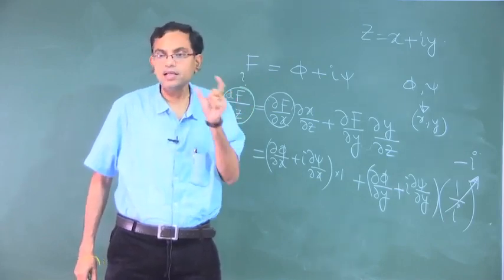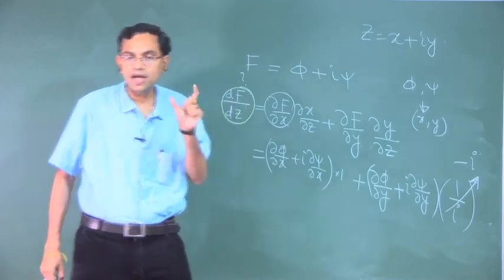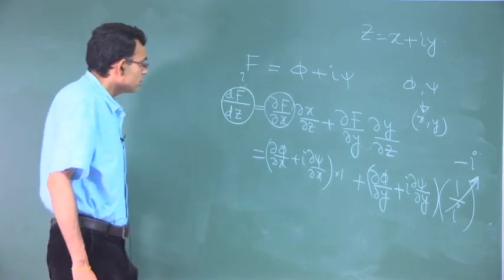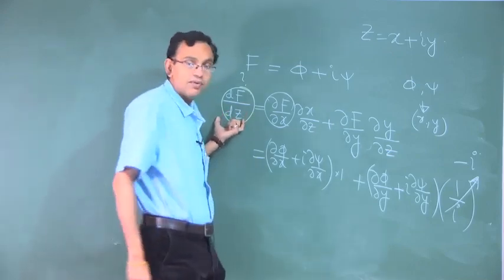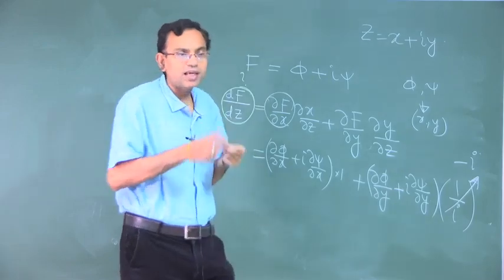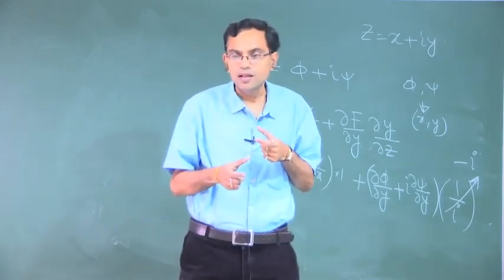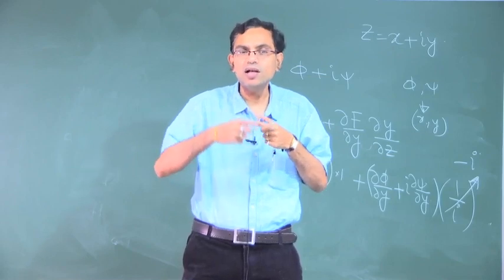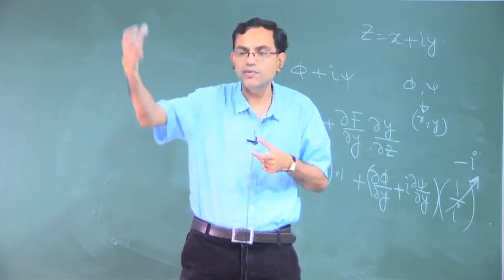So, analytic and complex differentiable, these are two synonymous terms. So, is this complex derivative existing or not? So, we have to check this by noting whether this derivative is independent of the direction in which the derivative is calculated.